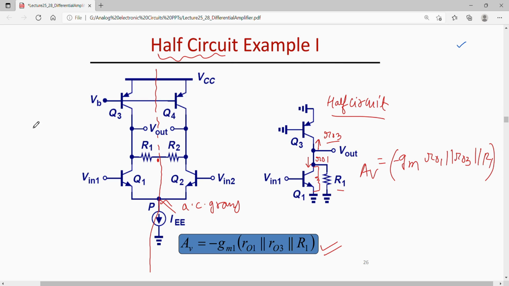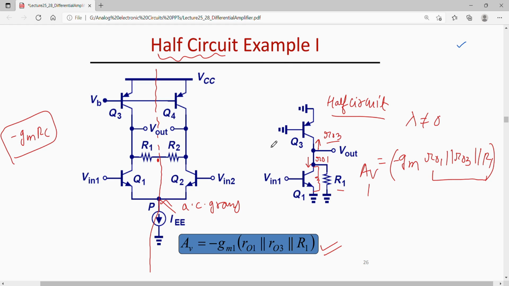Because we have already said that the gain is minus GMRC for a differential pair, and for one half pair also it is minus GMRC. So in the absence of RC and presence of RO, lambda is here not 0. So one can write the gain as minus GM times all these resistances in parallel.